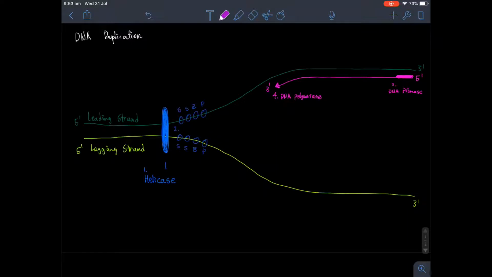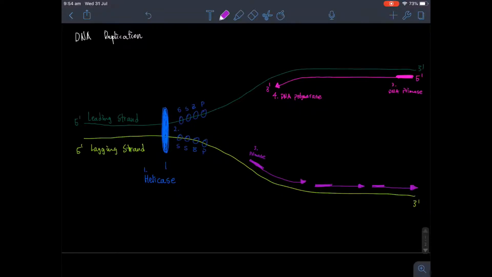Then the lagging strand, again, this should be 3' on the left, 5' on the right, fills in just as the leading strand, except it has to go in chunks because helicase is slowly unzipping the molecule. The primase will be like, okay, this is what we have unzipped so far, so let's fill in this area with DNA polymerase. And then the helicase will unzip a little more, so the primase will go back a few and say, okay, now let's start here.